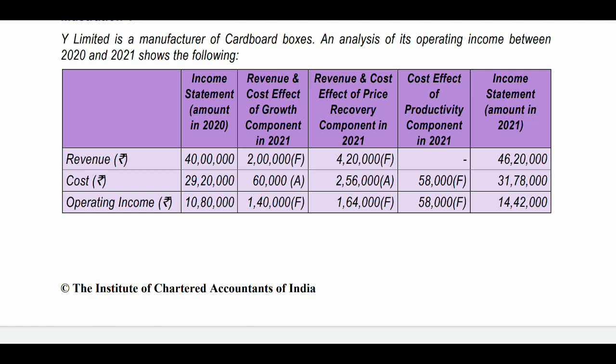And for the revenue and cost effect of price recovery component 2021, 4 lakh 20 was favorable and 2 lakh 56,000 was adverse.